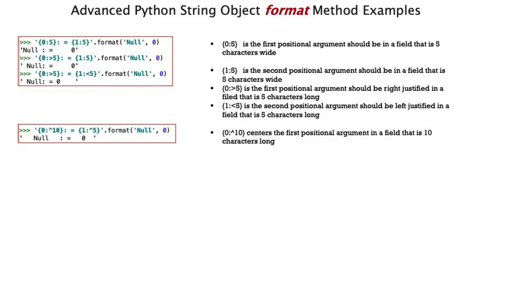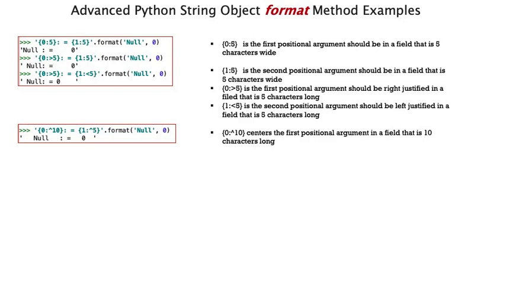Now in the second example, {0:>5} is the first positional argument, which should be right justified in a field of 5 characters long. And that third one is the same thing. Greater than 5 is right justified in a field of 5 characters. And then the second positional argument, number 1: less than, I bet you can guess what this is, less than sign 5 is, again, a field of 5 characters long, but left justified.